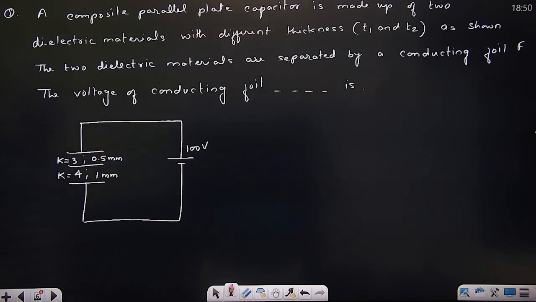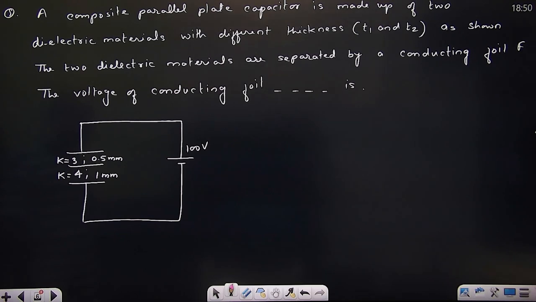Right. What is this now? A composite parallel plate capacitor is made up of two dielectric materials. You can see that this is the capacitor he is talking about. Composite parallel plate capacitor is made up of two dielectric materials with different thickness T1 and T2. This is thickness 0.5 mm and 1 mm.